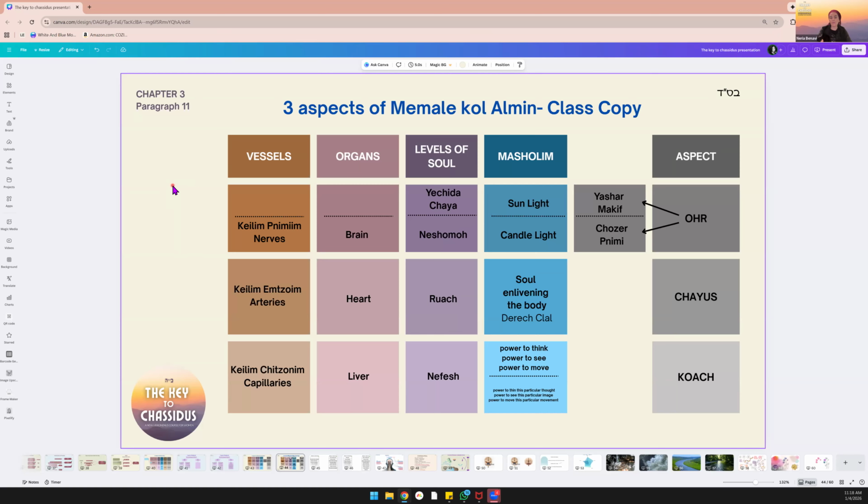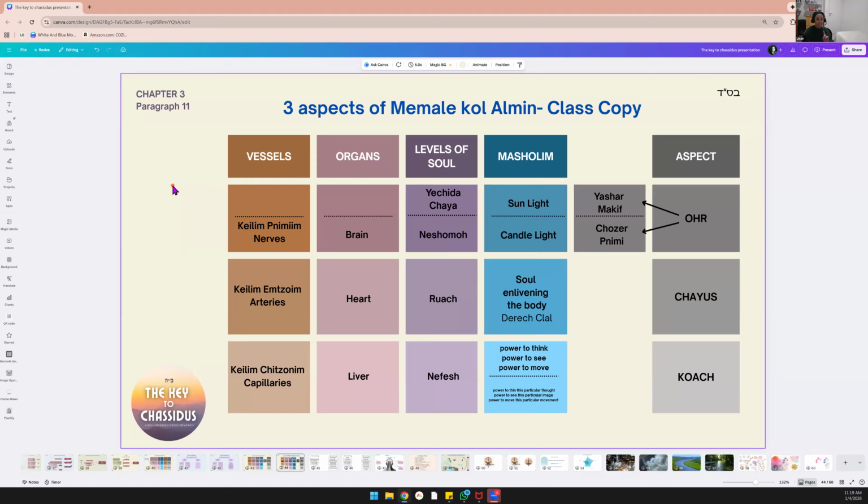But if we don't have this as a solid structure in our mind, if we don't understand the mashalim, when we go to the nimshal, we're going to get lost. So that's why we don't usually spend 2 classes on one paragraph, but if this is not clear, the nimshal is also not going to be clear. And then there's no clarity in general about what this is all about.